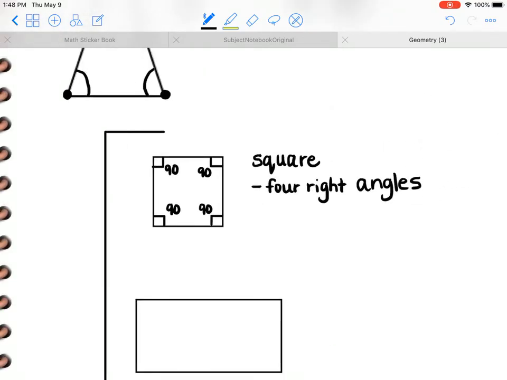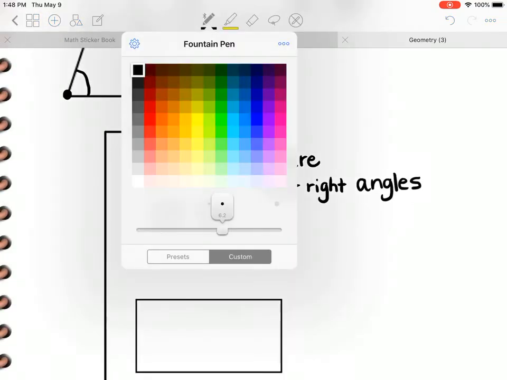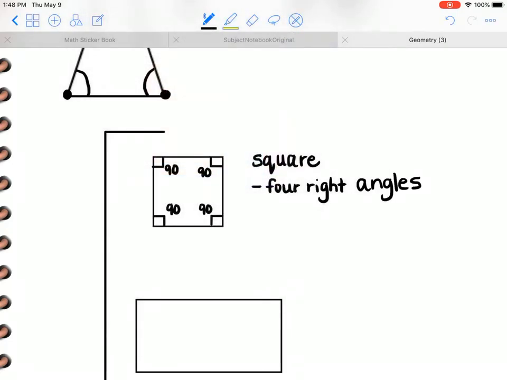So a square has a total of 360 degrees. And we learned also that a circle has 360 degrees total. So a square is the second one of the shapes that I want to share with you.